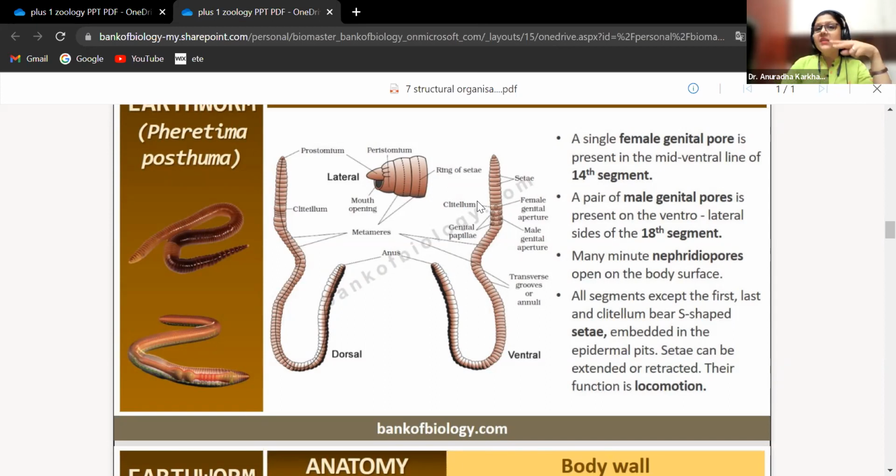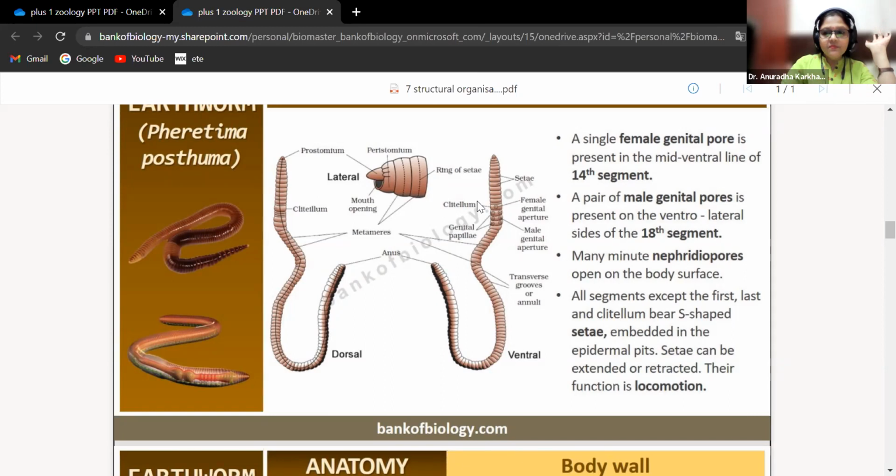First point. Second point क्या हमने देखा था? 14, 15, 16 clitellum. Before that preclitellum, after that postclitellum. 5th, 6th, 7th, 8th, 9th पे junctions पे 4 spermathecal apertures, right? 14th segment पे female genital pore, 18th segment पे male genital pore.